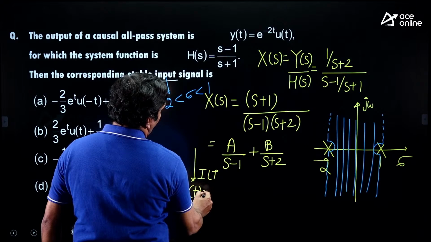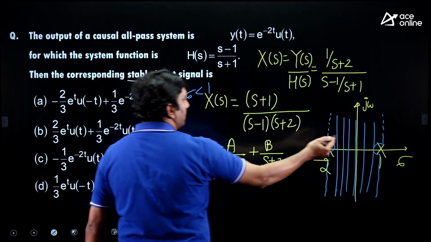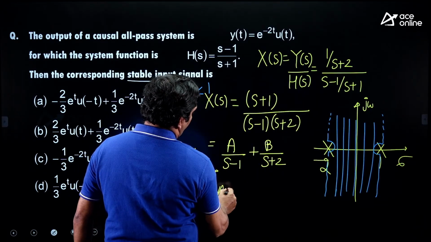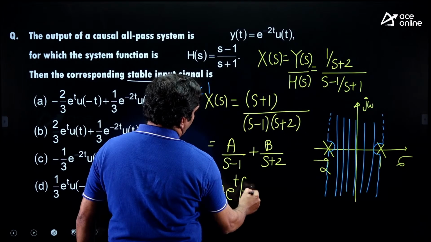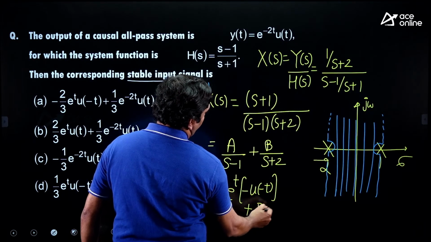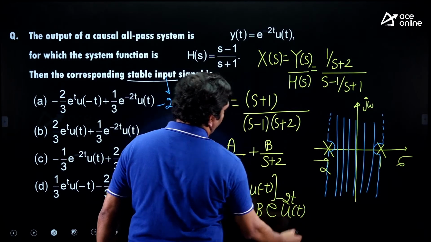With respect to the pole at minus 2 it is right side, but with respect to the pole at 1 it is left side. So based on the standard formulas, a left-sided signal means it is multiplied by minus u of minus t, and a right-sided signal means multiplied by u(t).